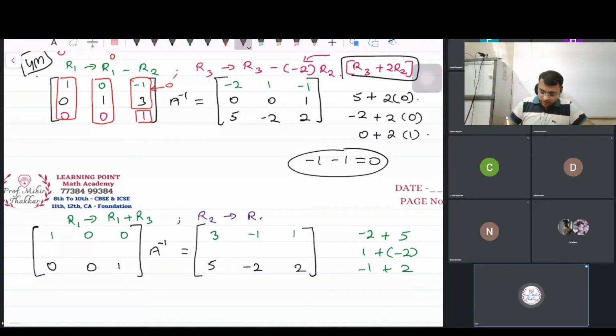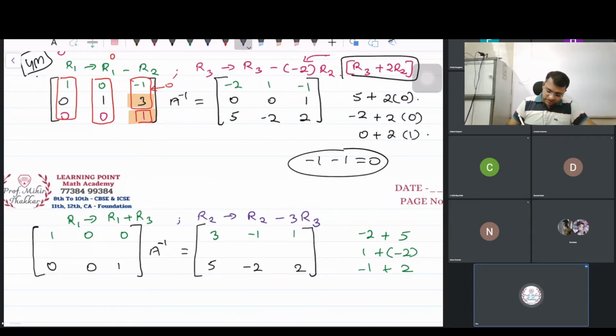R2 changes to R2 minus 3 R3 because I have to convert this element into 0 and I have to make use of this element which is there in the third row. So you are absolutely right. Very good. So let's do it.